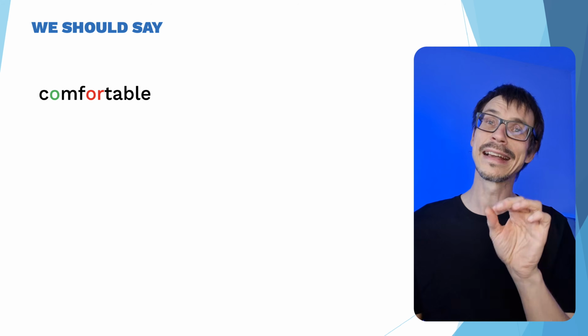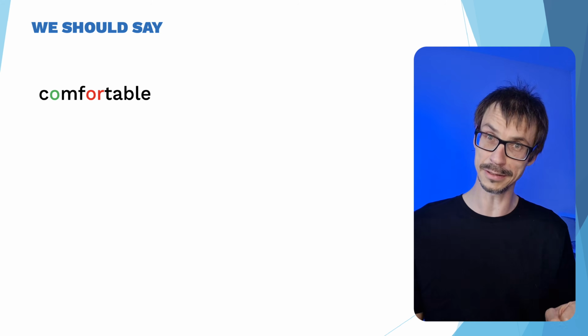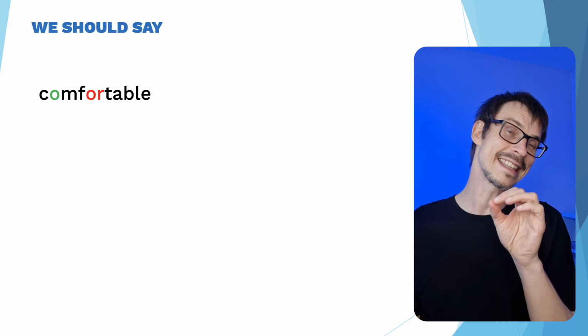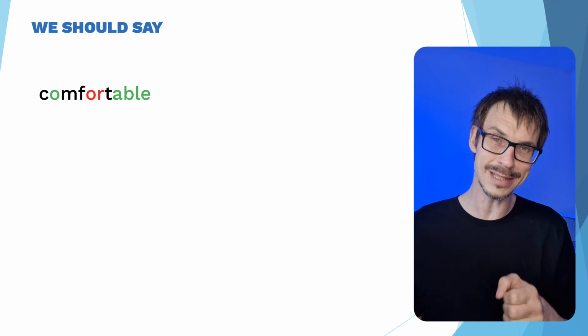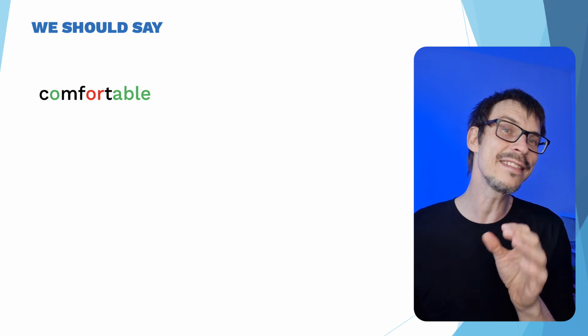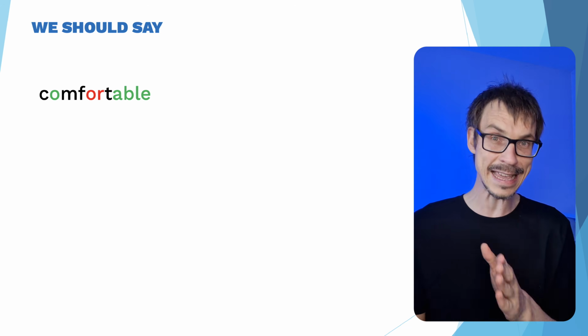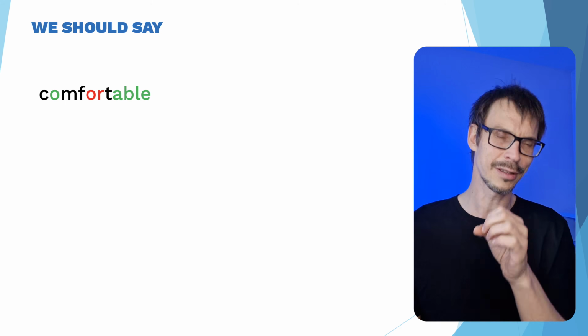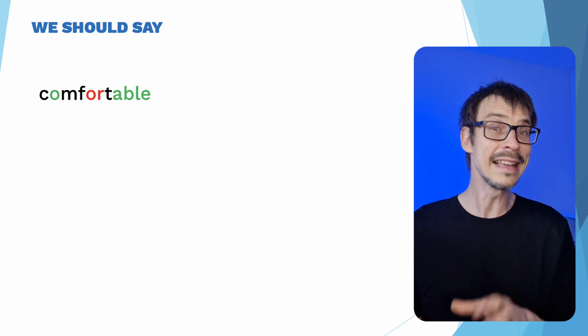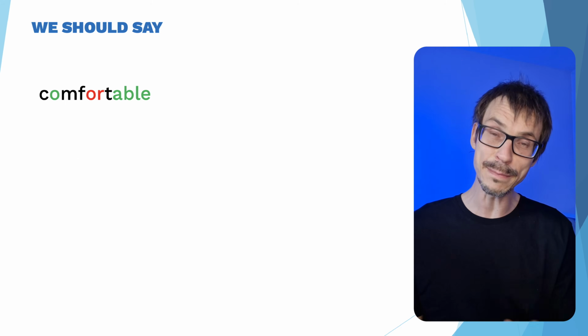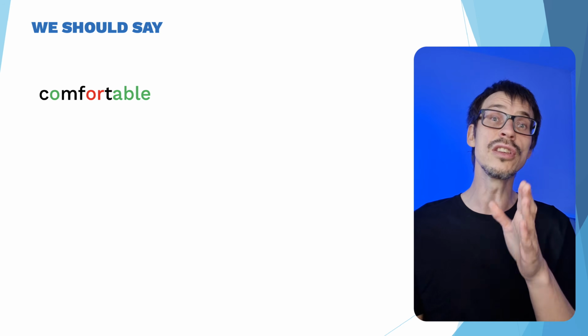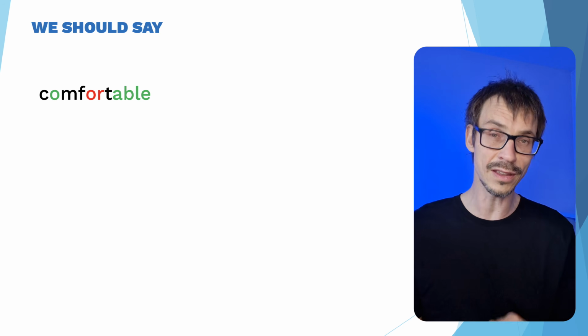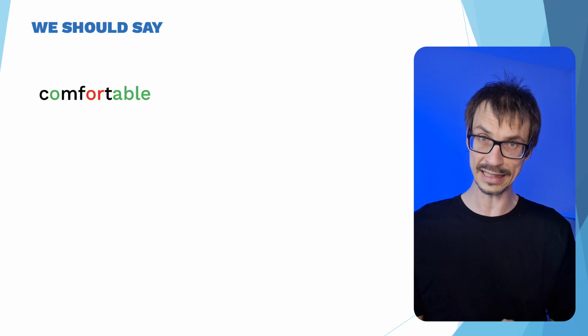Comfortable. And did you also notice that there are no tables at the end of this word? Even though you can see T-A-B-L-E, it's not pronounced as table. In fact, when you see the A-B-L-E ending, you will almost never pronounce it as able in English.